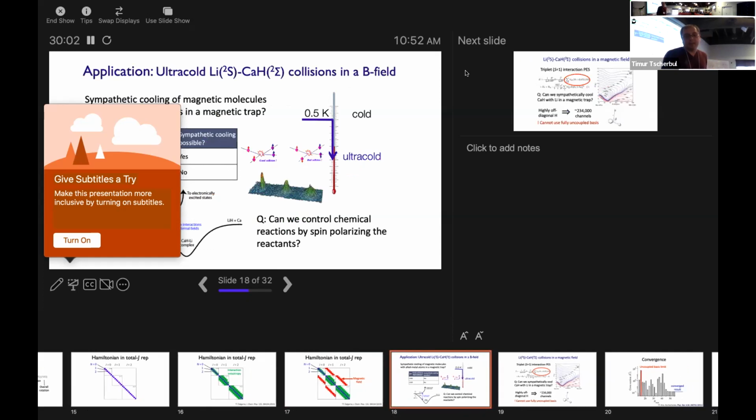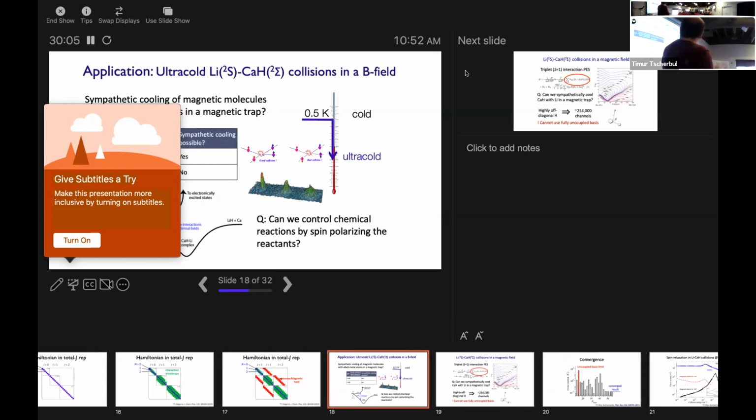That allowed us to do calculations that our experimental colleagues were asking for. They had doublet sigma molecules and were interested in sympathetic cooling, meaning you mix the molecules with very ultracold atoms.